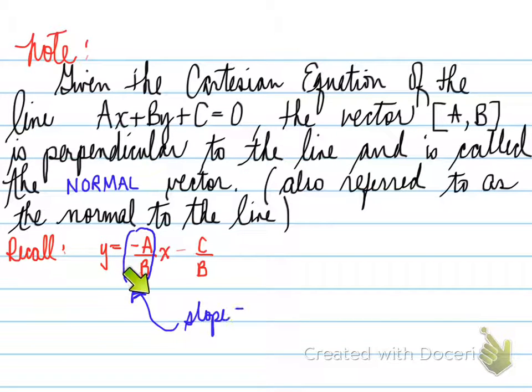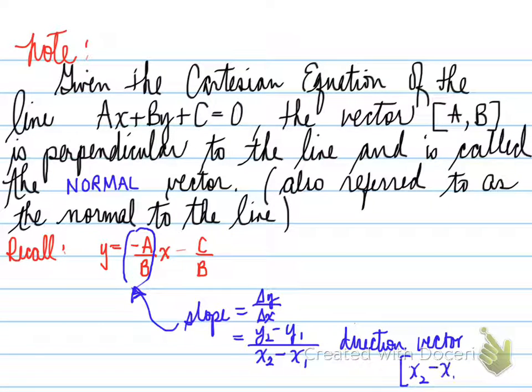That slope is delta y over delta x. So if we were to write this as a direction vector, it would be b for delta x, comma, delta y, which is negative a. So b, negative a.